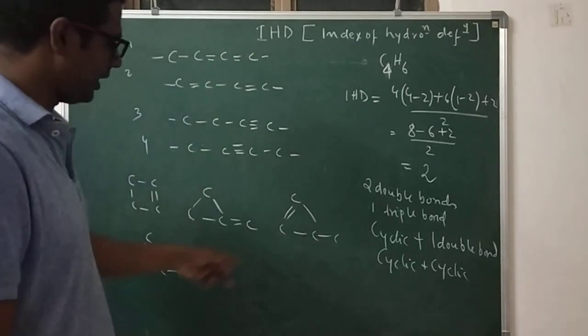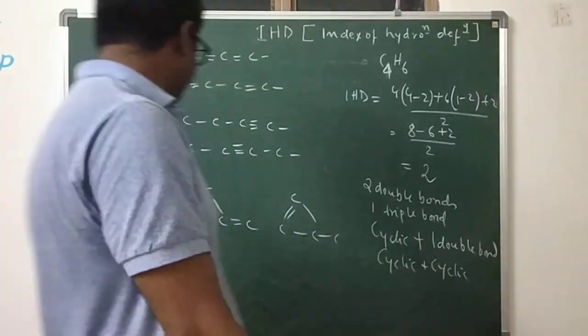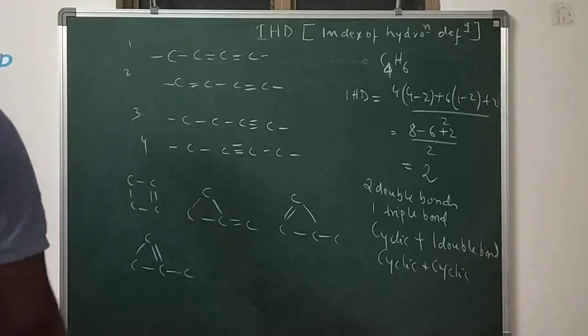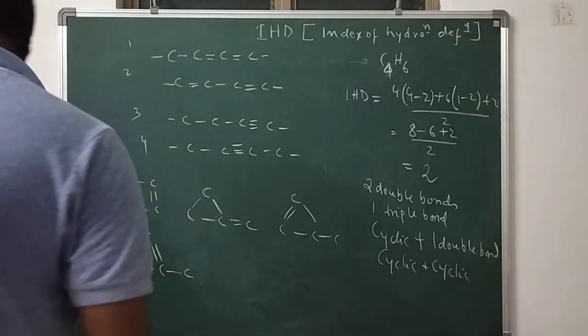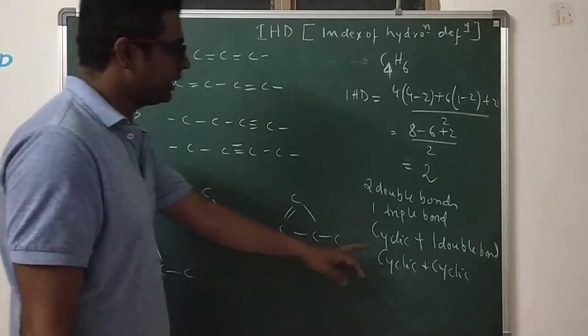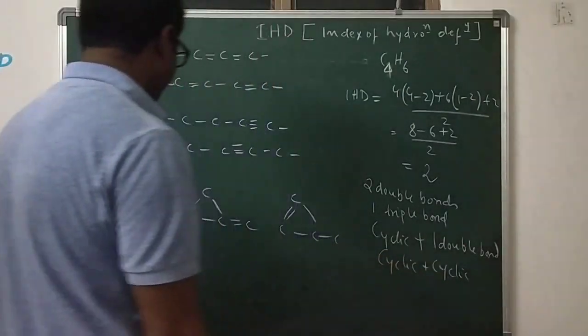If you attach this carbon to the carbon with the double bond, how many structures are getting possible over here? 1, 2, 3, 4. Okay, so 4 structures are possible in case of cyclic plus double bond.